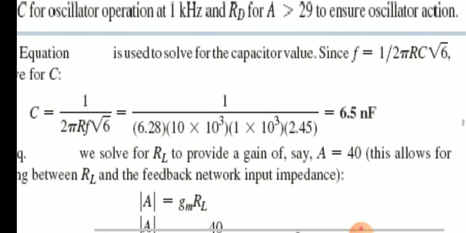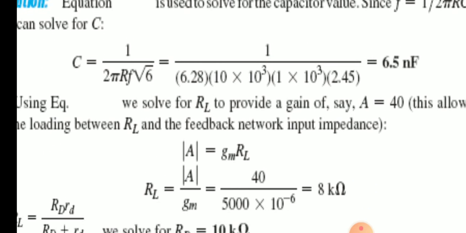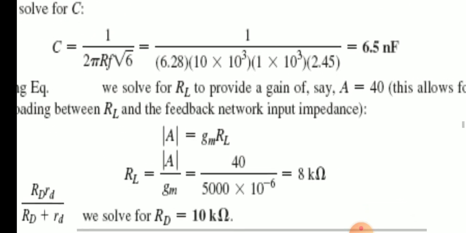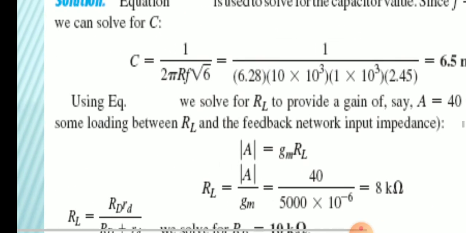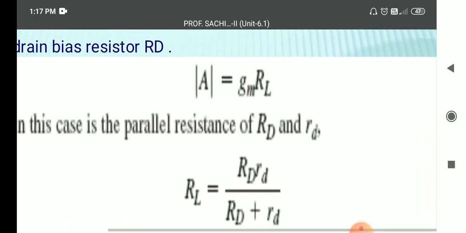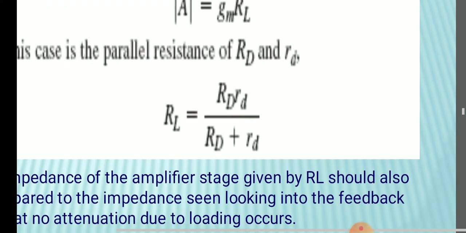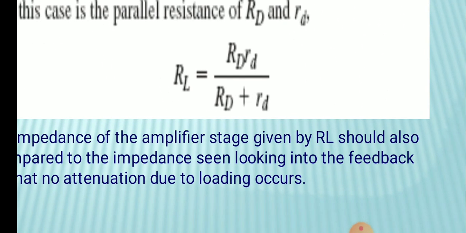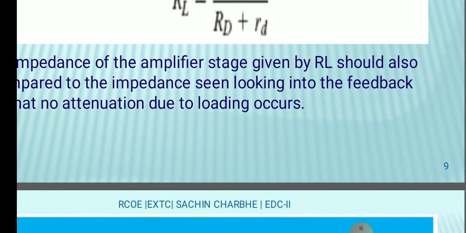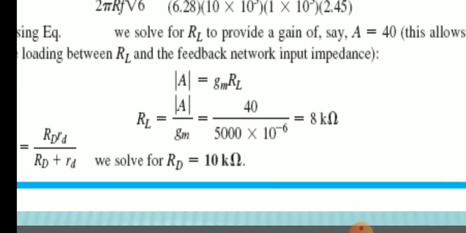Now we have to use the equations of the gain of the amplifier and the load resistance equation, which we already saw in the previous slide. Gain can be calculated by GM into RL, and RL equals capital RD into small rd divided by capital RD plus small rd.